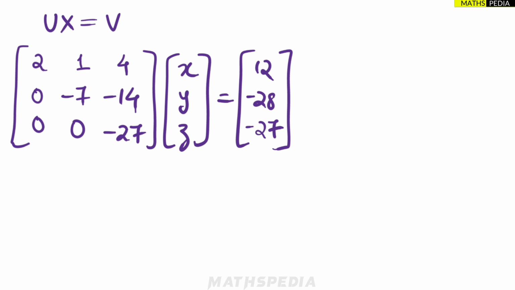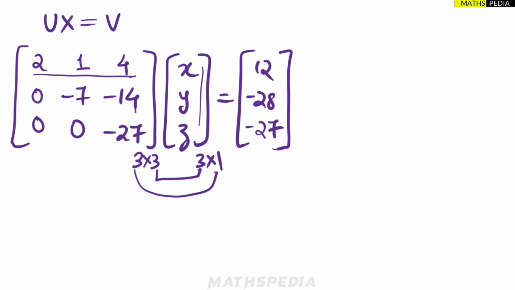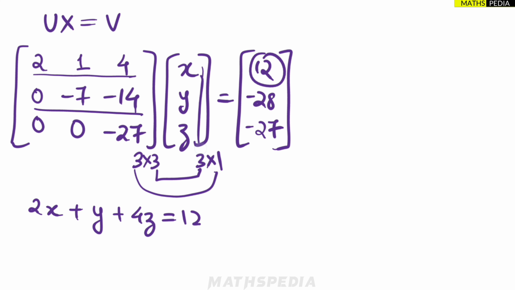So again the same multiplication. This is 3 cross 3. This is 3 cross 1. So this should be the same, and the order of the new matrix will be 3 cross 1. And we have to multiply the first row with the one column that is there. So it will be 2x plus 1y plus 4z is equal to the first element, 12. First equation done. Second equation, second row into this one.